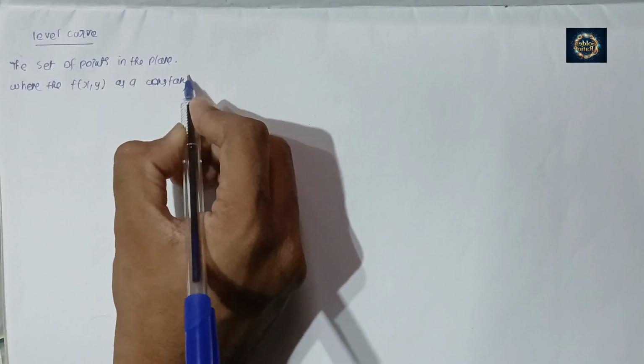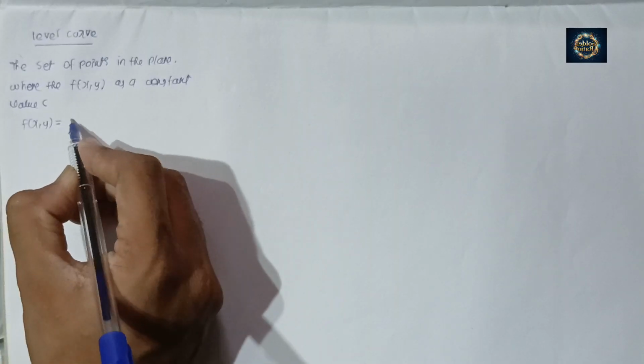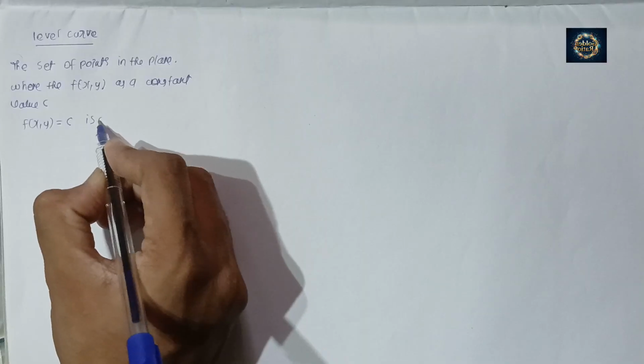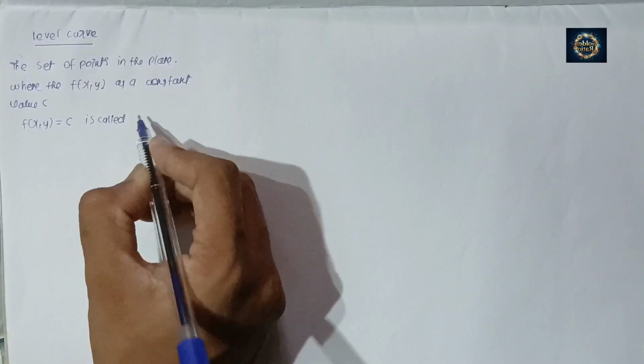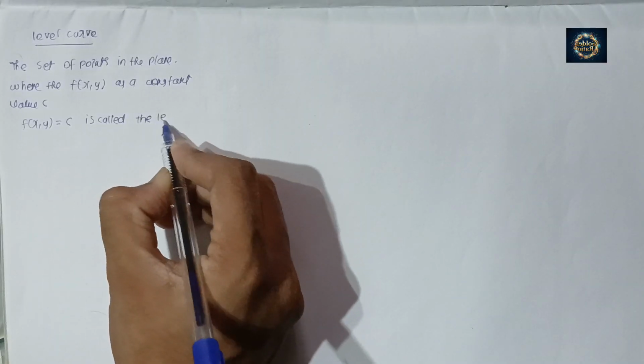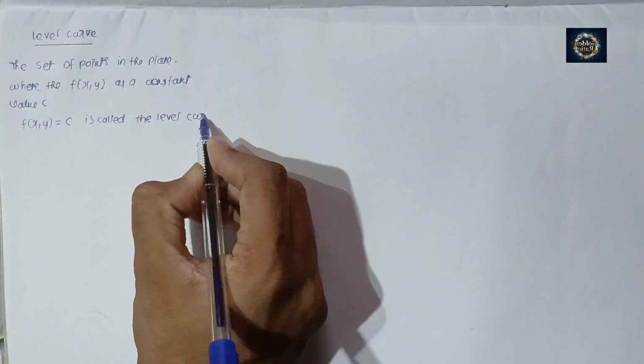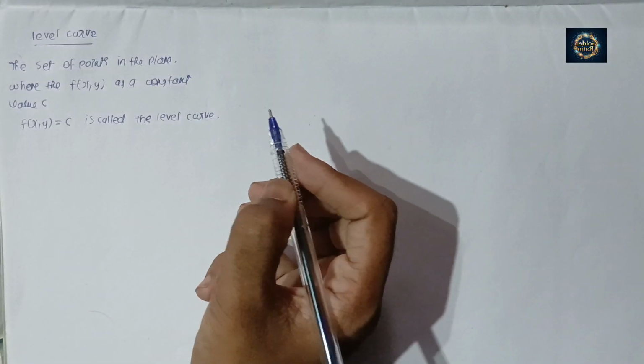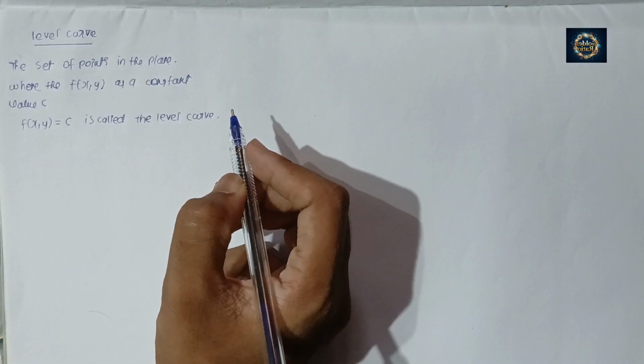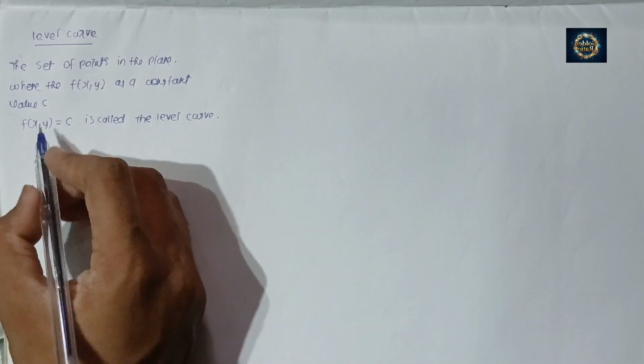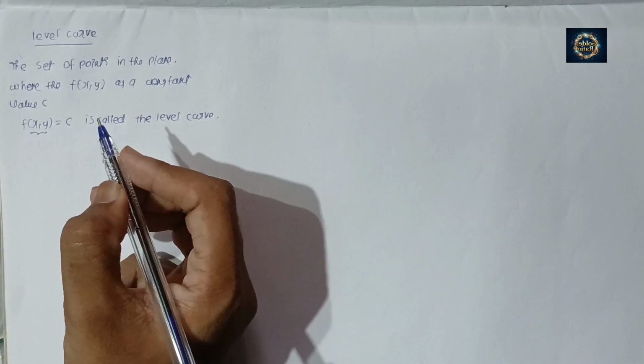Let the constant value be c. So the function f of x, y giving the constant value c is what we call the level curve of the surface.